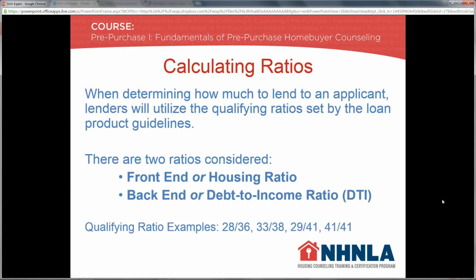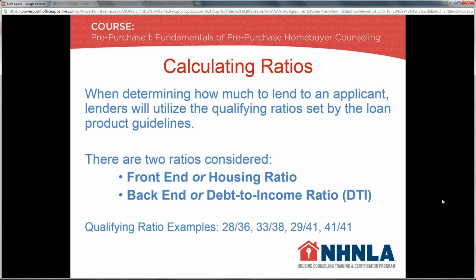To clarify, each loan product has a different set of guidelines, and their guidelines include these ratios. So this is something that comes from the lending institution or from the subsidy provider. There are two ratios to be considered: the front-end ratio, also called the housing ratio, and the back-end, or debt-to-income ratio, which is often abbreviated as DTI.